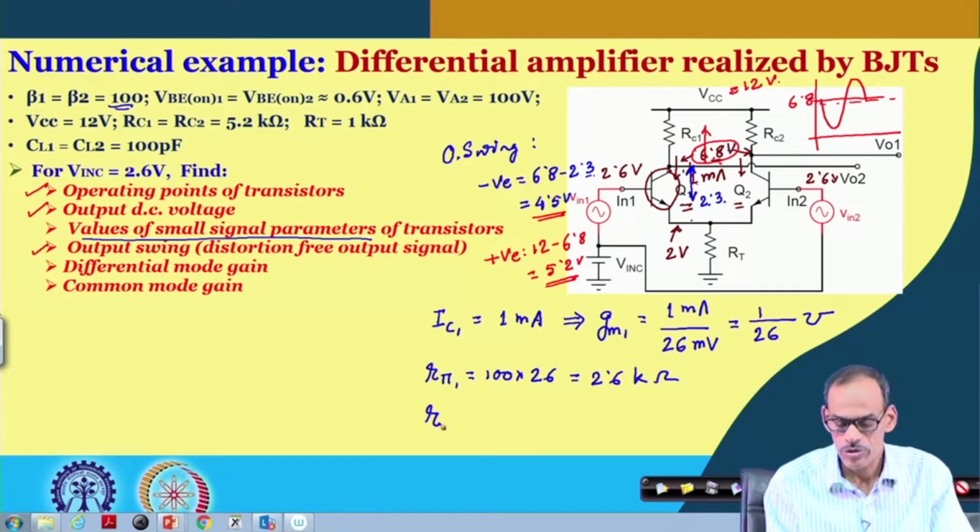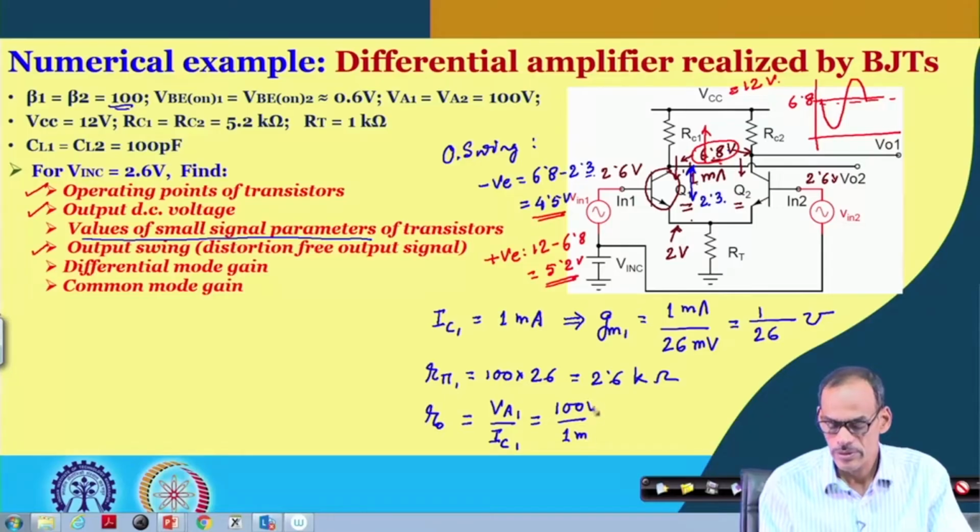Then the output resistance ro is equal to the early voltage divided by Ic, so this is equal to 100 divided by 1 milli, which gives us 100 kilo ohm.